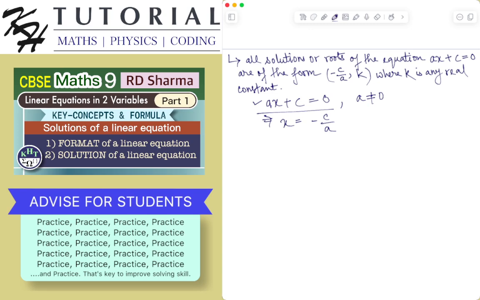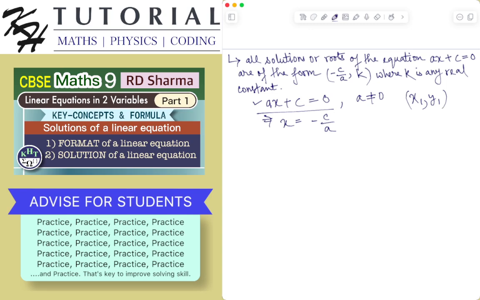How do I find the root of the equation ax plus c equals 0, considering it as a linear equation in two variables x and y? I know that x1 comma y1, an ordered pair, is the root of a linear equation in two variables x and y.